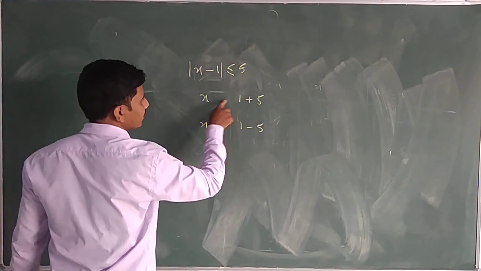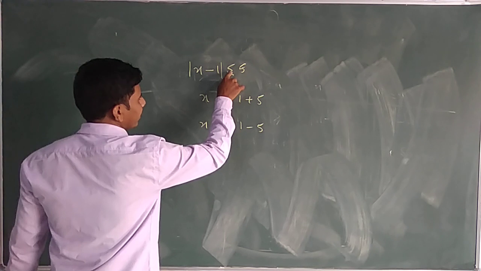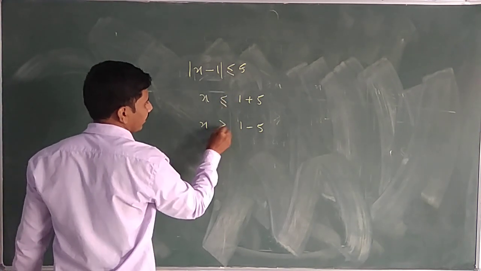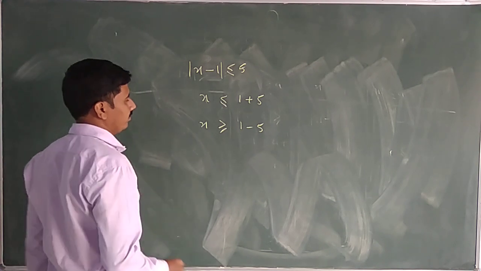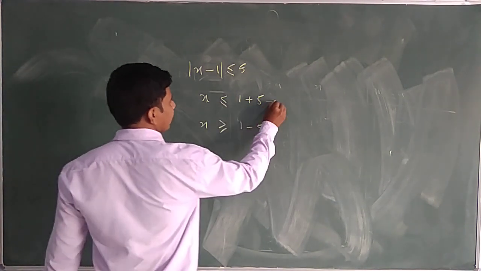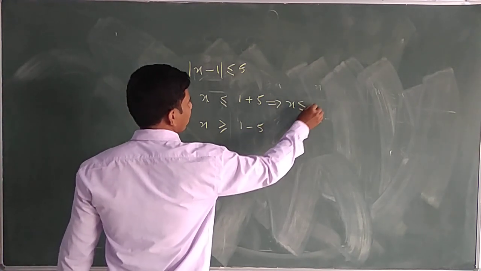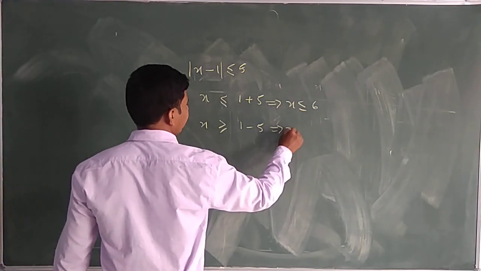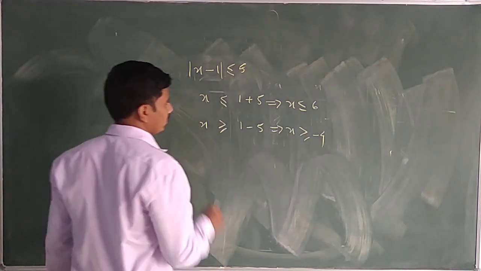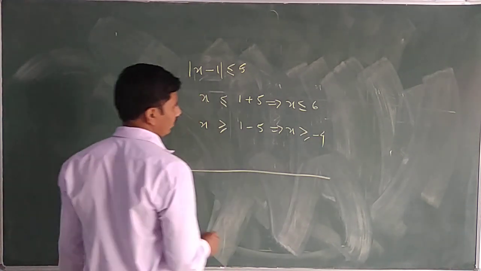Take this symbol first. While doing 1 plus, take this symbol as it is, and while doing 1 minus, invert that symbol, greater than or equal to, whatever the number is. So this will be the solution. This implies that x is less than or equal to 6, and this implies that x is greater than or equal to minus 4. So this will be your solution.